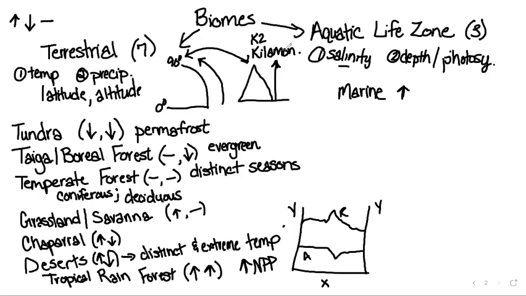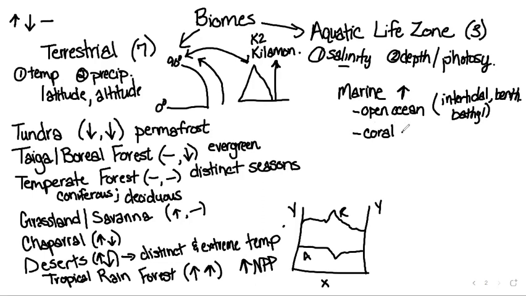And here you can see examples of obviously the open ocean with all of its components. So you have the intertidal zones, the benthic zones, bathyl zones, that kind of thing. You have corals and coral reef.